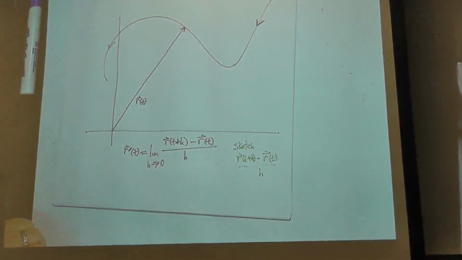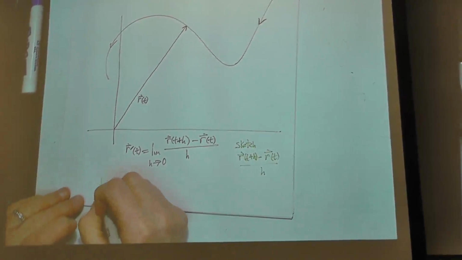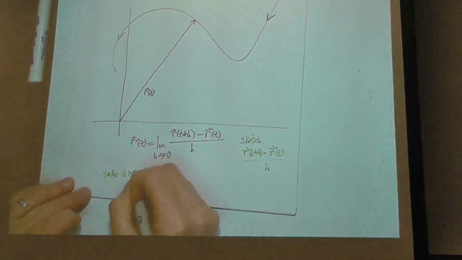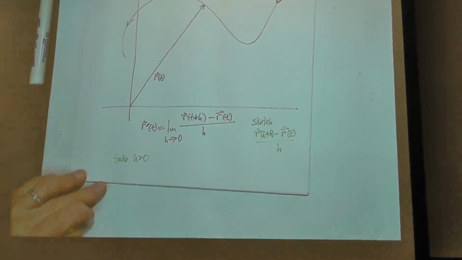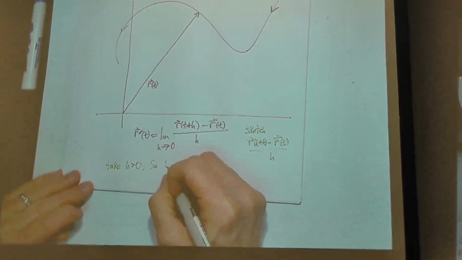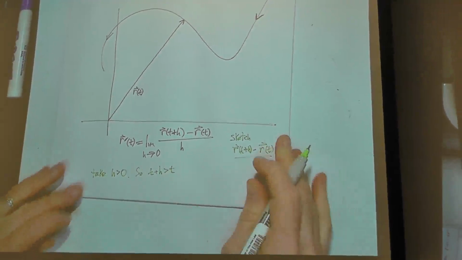Positive, okay. So we will take h to be bigger than 0, and consequently t plus h will be bigger than t.